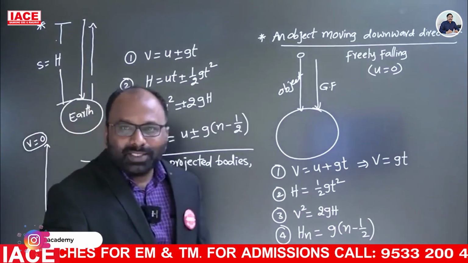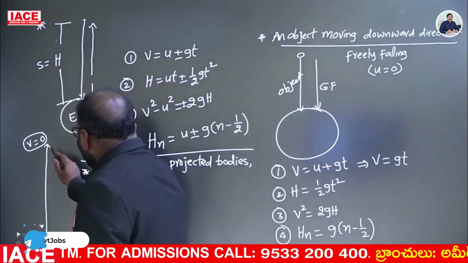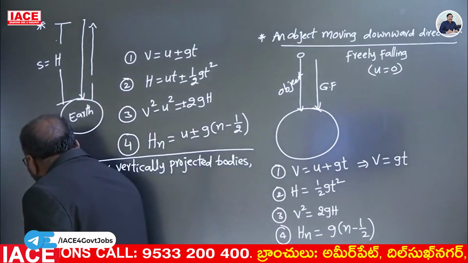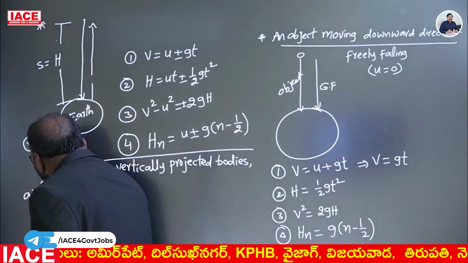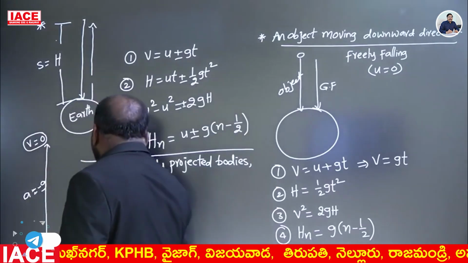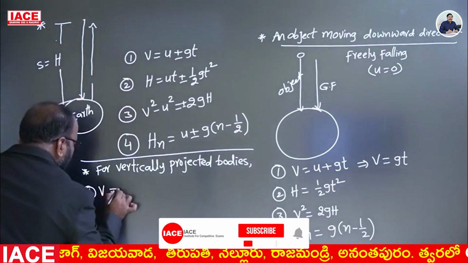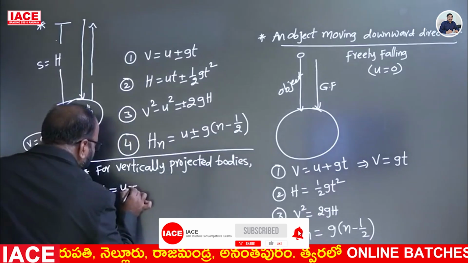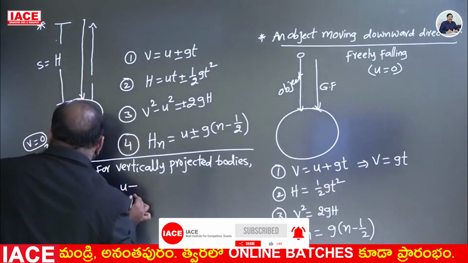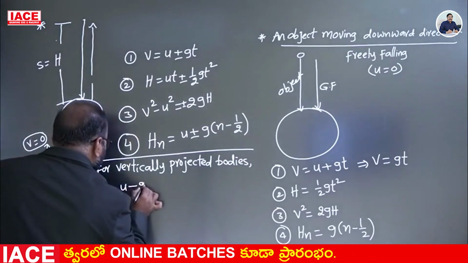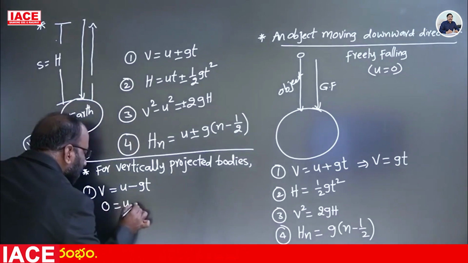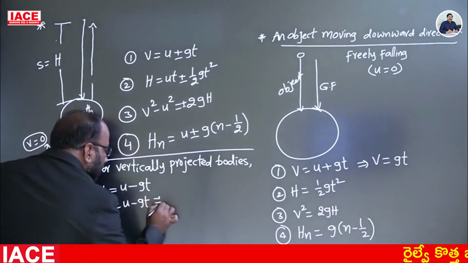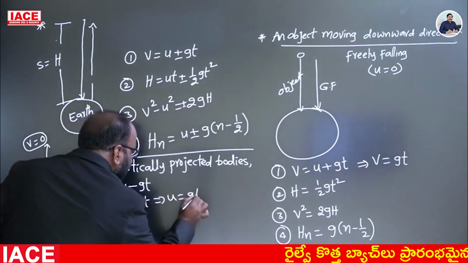The final speed of the body is 0. To apply this condition, the object is moving in the upward direction, so acceleration a is equal to minus g. Substituting these two, v is equal to u minus gt, but v is equal to 0, so 0 is equal to u minus gt. It implies u is equal to gt.